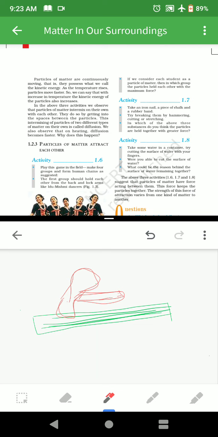That is the meaning of kinetic energy. So in every particle of matter, or in every state of matter, it has kinetic energy. So this kinetic energy is working on those particles. That's why we can see those objects will force back.